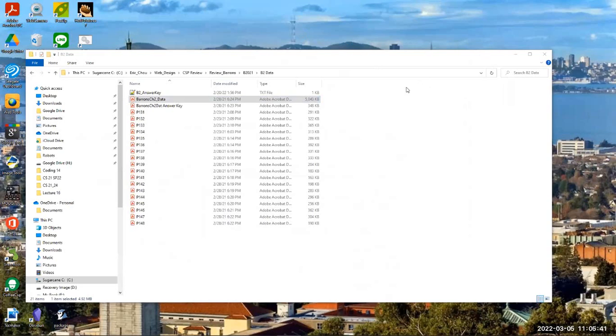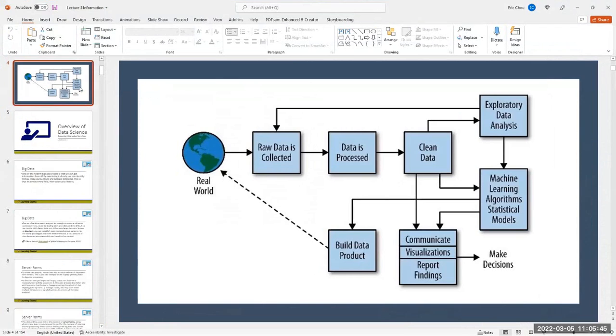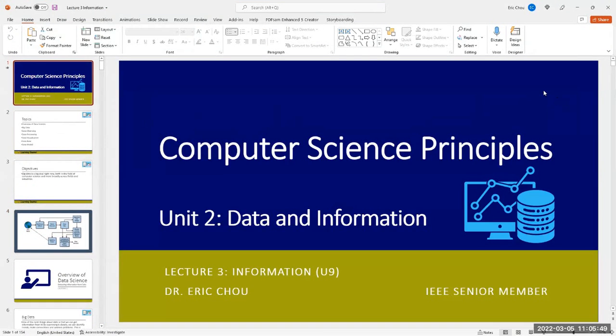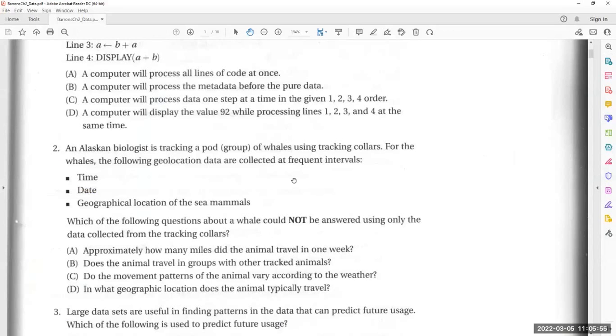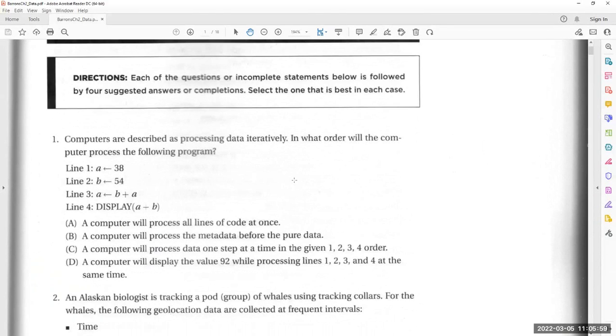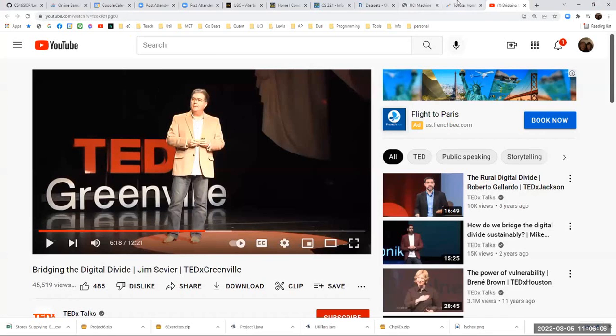Everybody? Okay, we have finished this lecture 3, data and information. So I'm going to get to the problem set. Let's look at the problem set. Here I'm using the problem set that you originally needed to turn in this week.